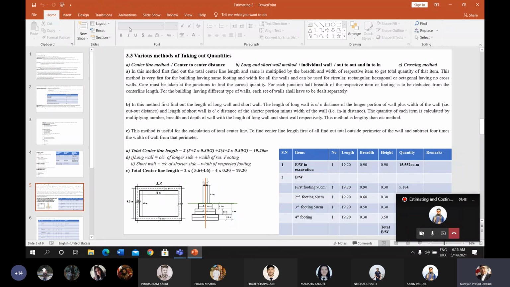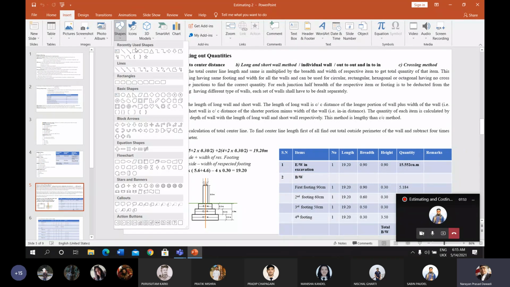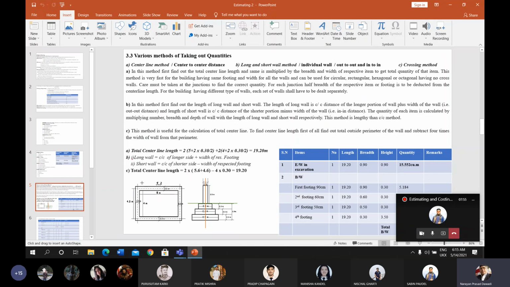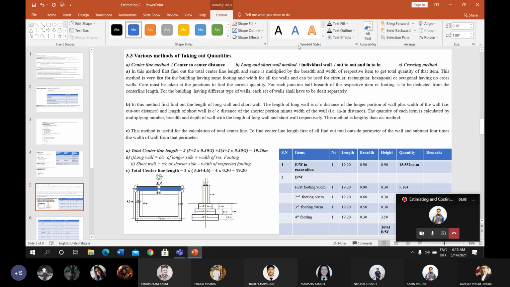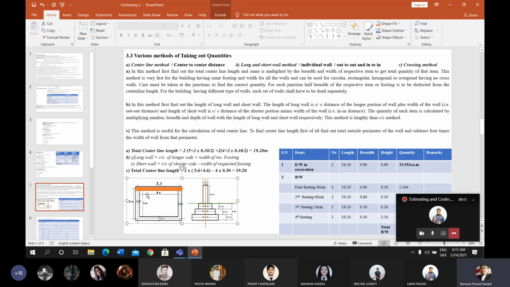If I draw the picture here, this is the plan. Look at the picture, this is the length of the long wall. The yellow portion of the wall is the long wall, which is here and at the lower side also.